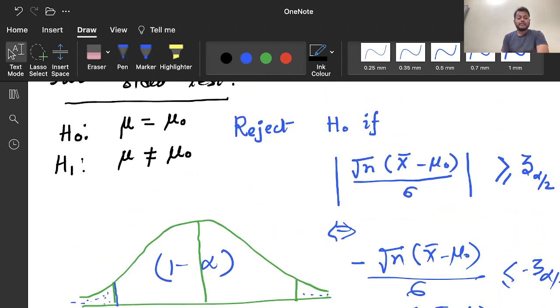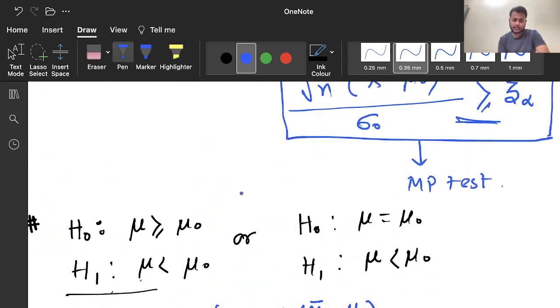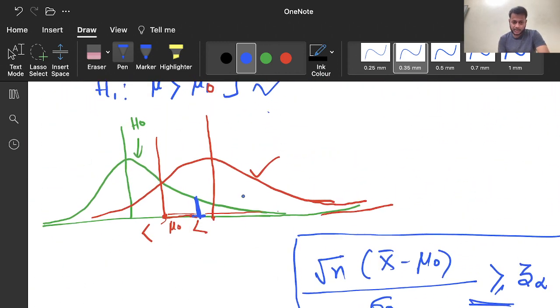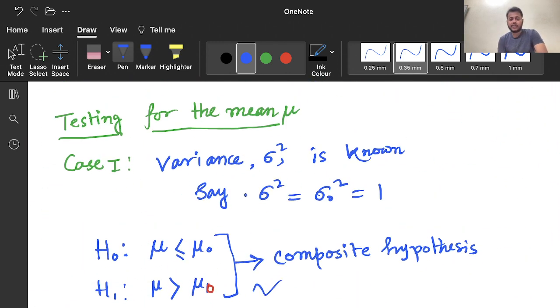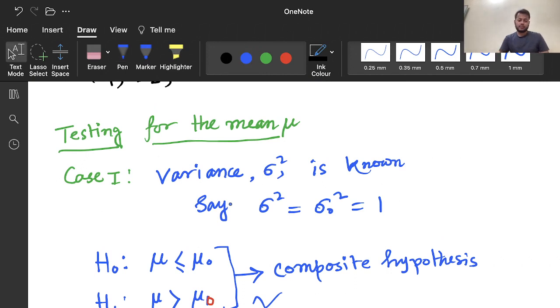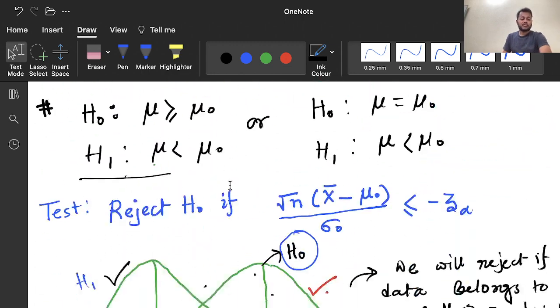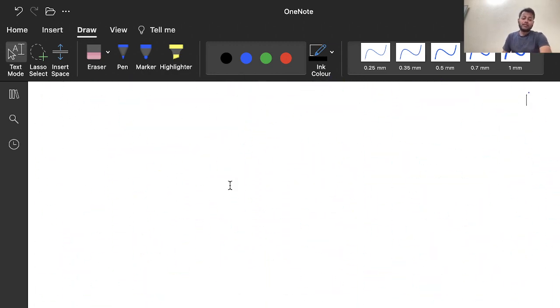Now in all these cases, whatever we discussed, are the cases when the variance is known, sigma square is known. Now suppose we don't know sigma square, then what will we do? Now we know what we should do, because then we have to use the sample variance, right?